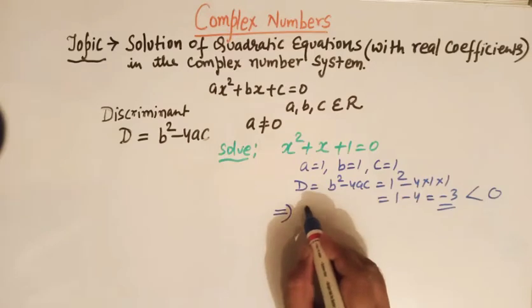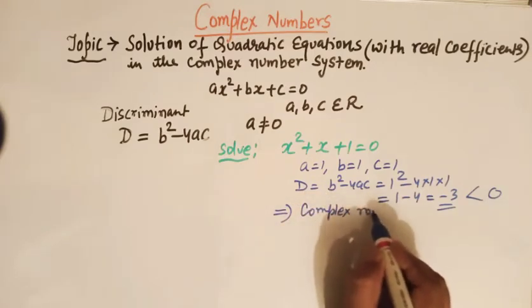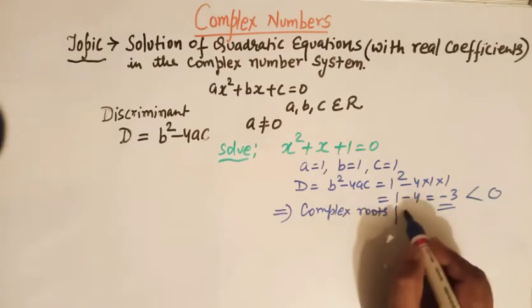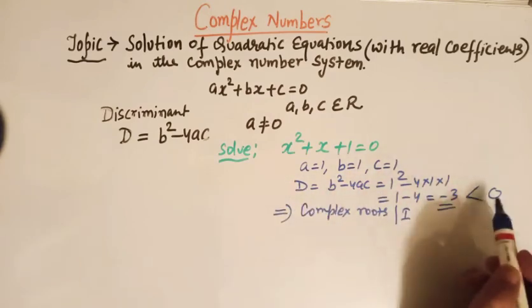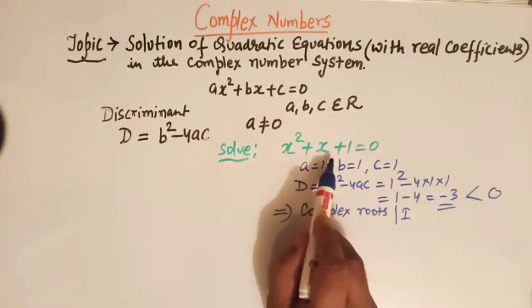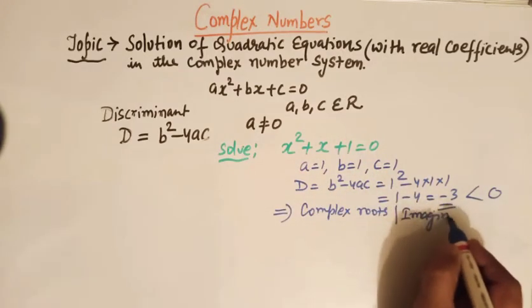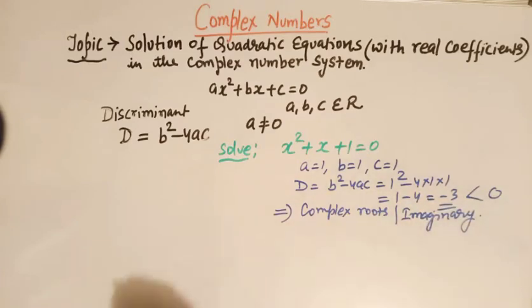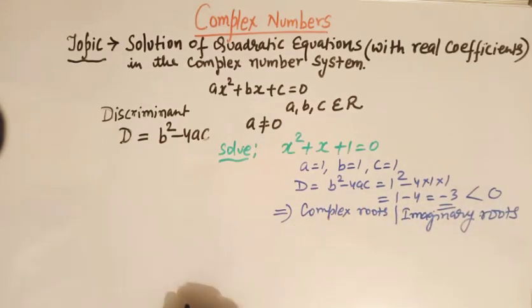So we have complex roots here, right? Or in other words, we can say that this quadratic equation has the discriminant less than 0. So therefore the roots of this quadratic equation are imaginary, so we can say imaginary roots or complex roots.